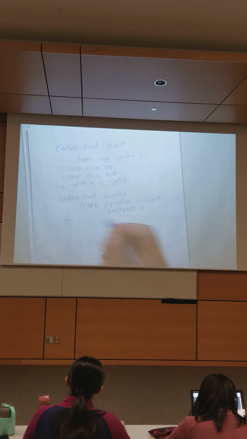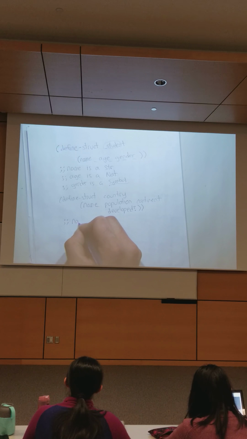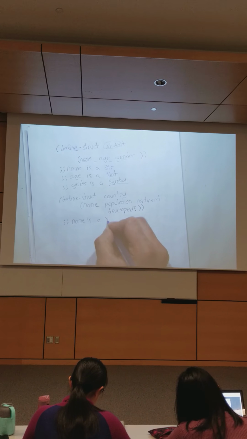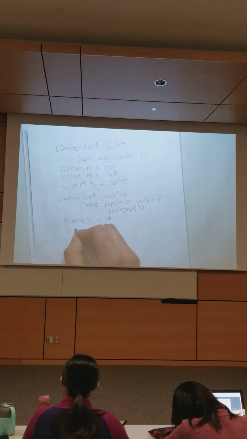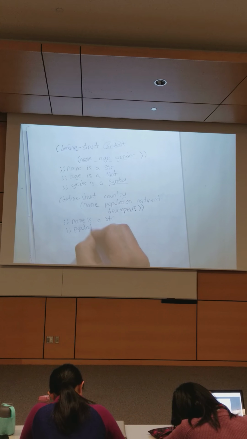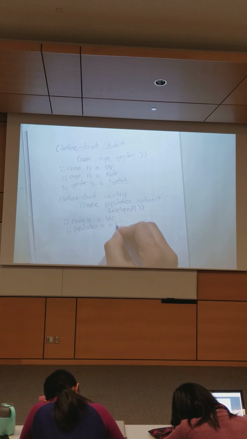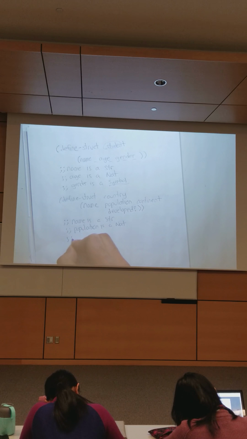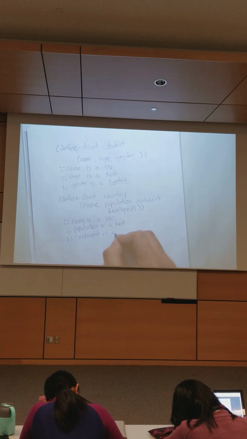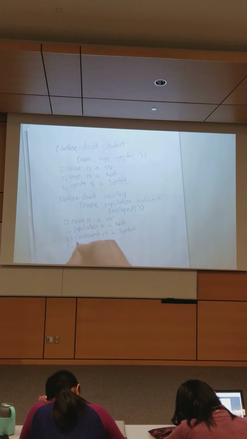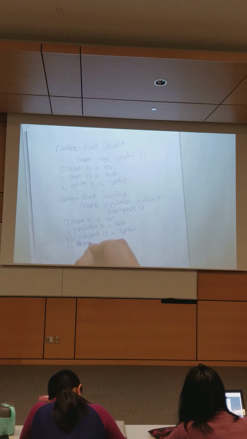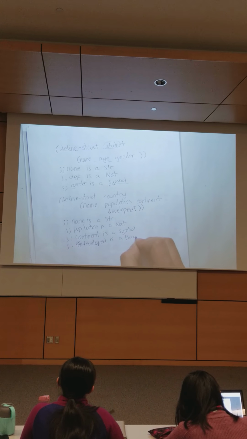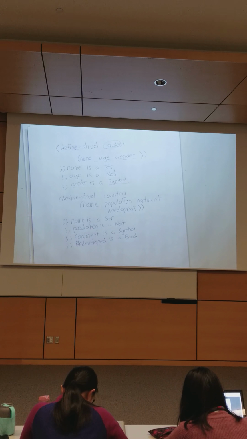We're going to say name is str, population is nat, continent is symbol, and developed is bool. Okay?